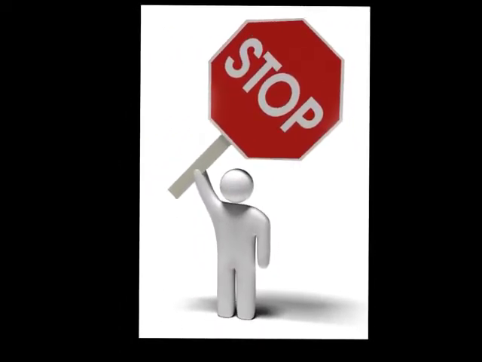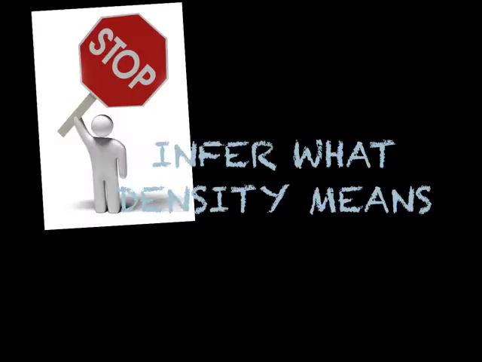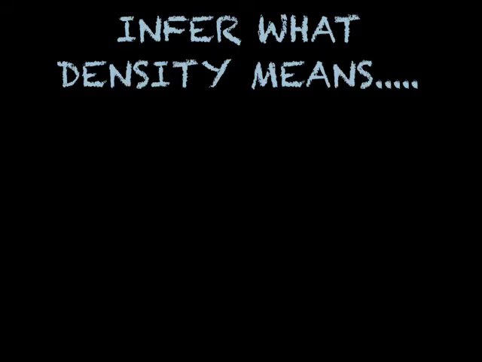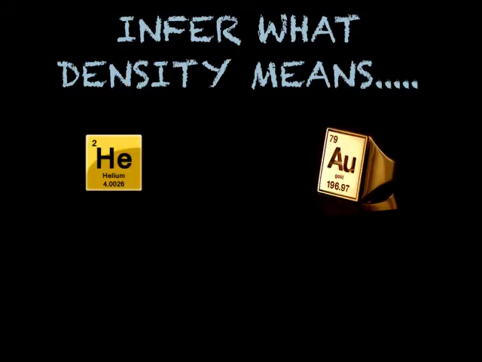Stop. Just stop and think about what was just said. A lot of information was thrown at you, but now it's time for you to infer what density means. Here are two pictures of elements. This is how they would look on the periodic table. Right here, you'll see each of their masses.